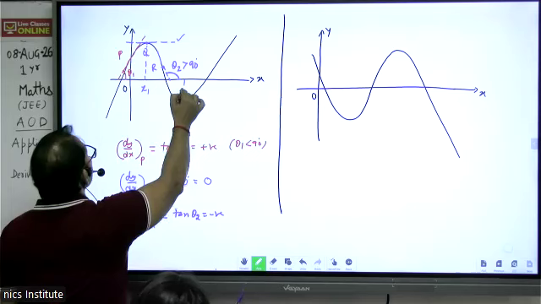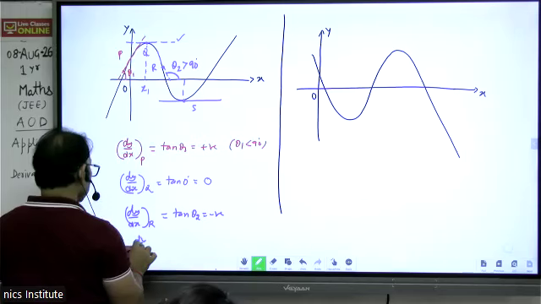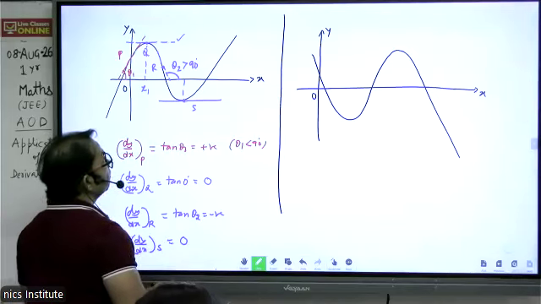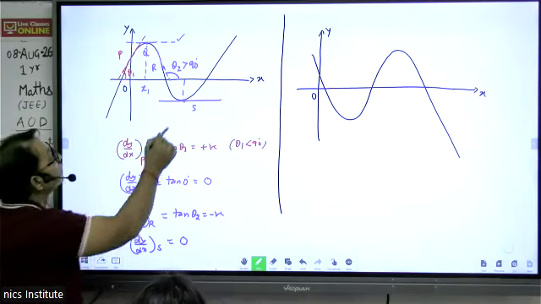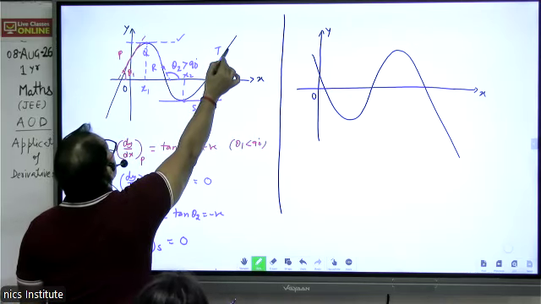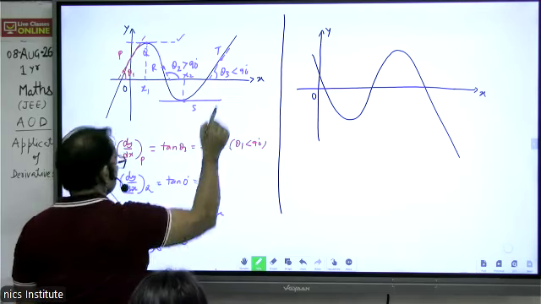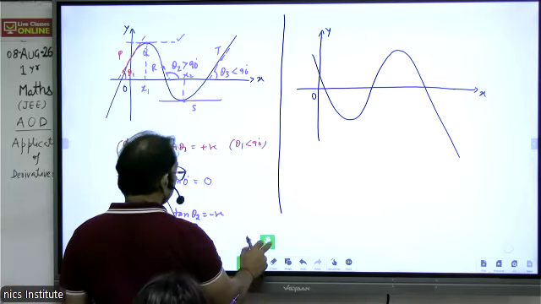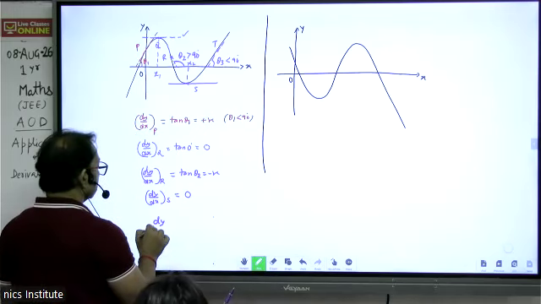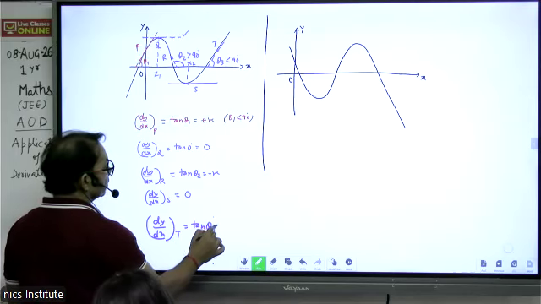What if I find the derivative at this point S? dy by dx at S will be 0 because the tangent is parallel to the x-axis. So this point is x2. If I take another point T and draw a tangent over here, this angle would again be acute. So what is dy by dx? Positive. All right. So at T, tan theta 3 is positive.